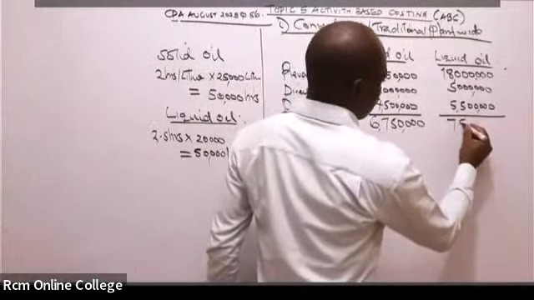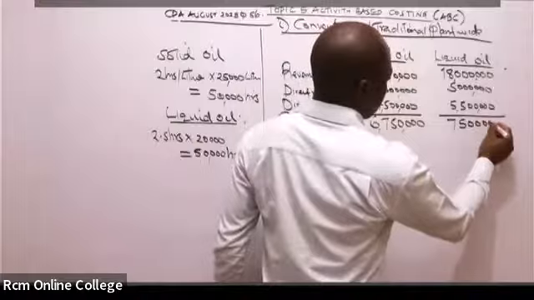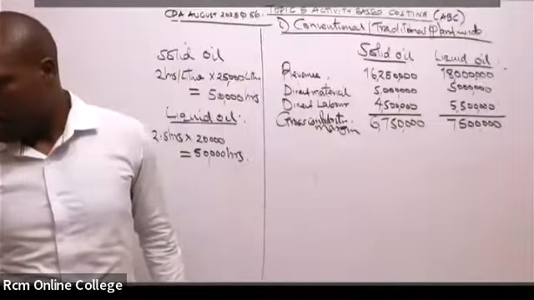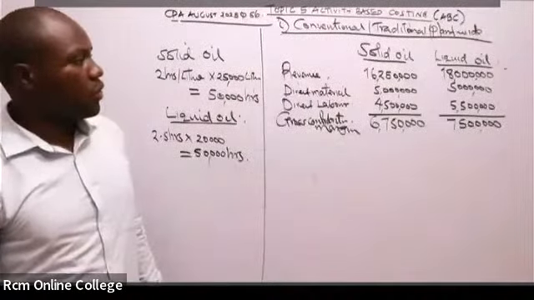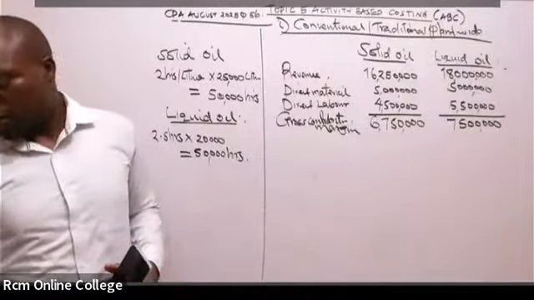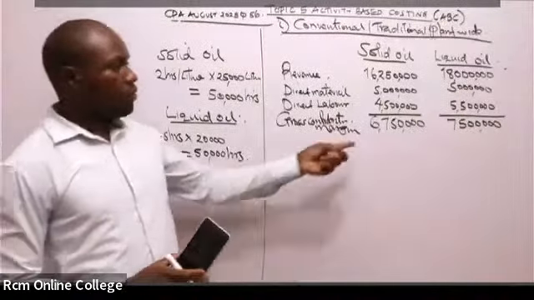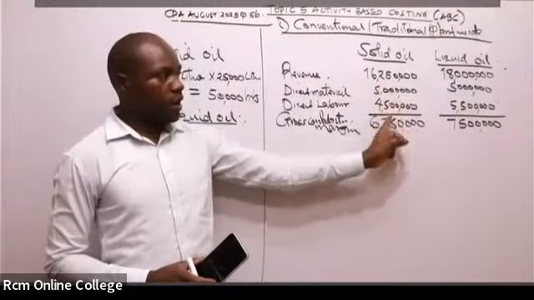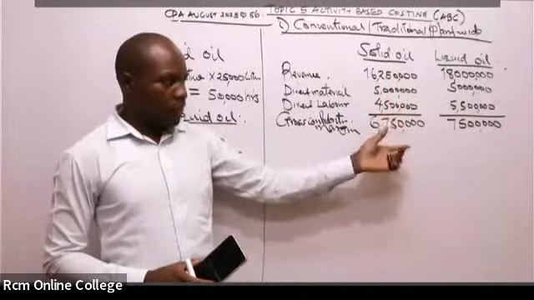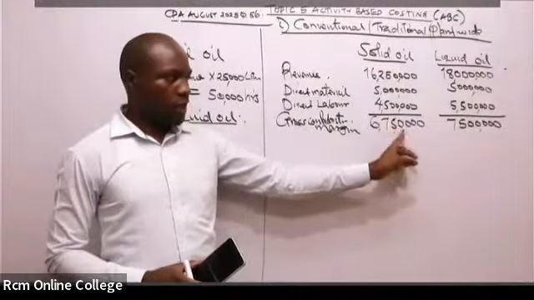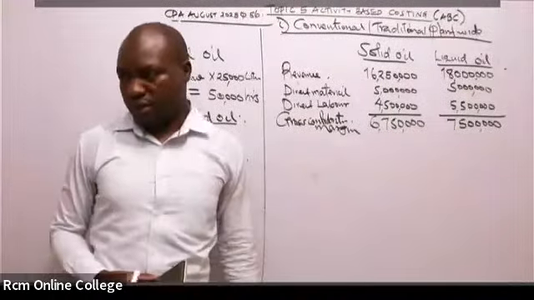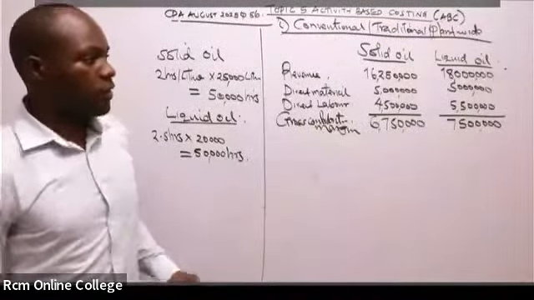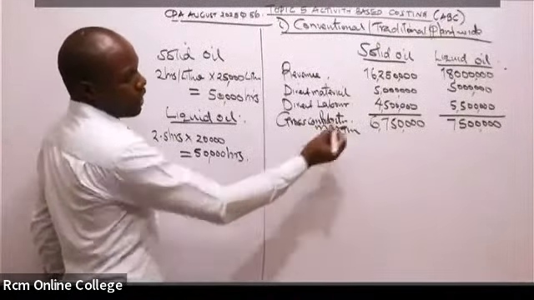7,500,000. Okay, 7 million. I hope someone is doing the right thing under this part. This is 6,750,000, we must have a 50 somewhere, not a flat 500. How did you get 5,500,000?